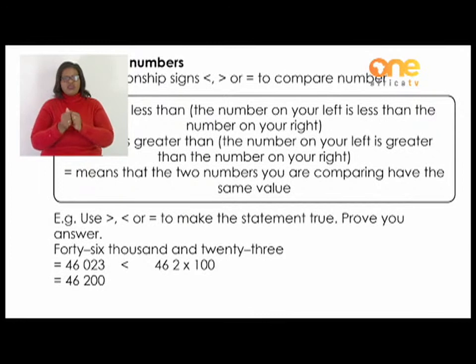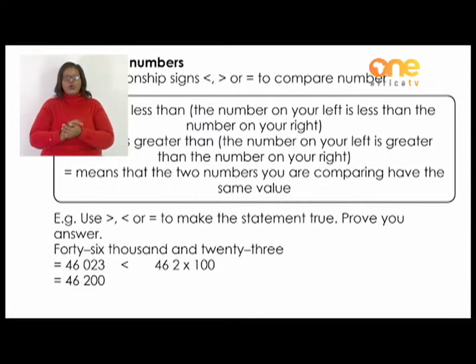Looking in the box, the sign which is opening to the right means less than. The one which is opening to the left is greater than. And the equal to is already known by most of you learners.